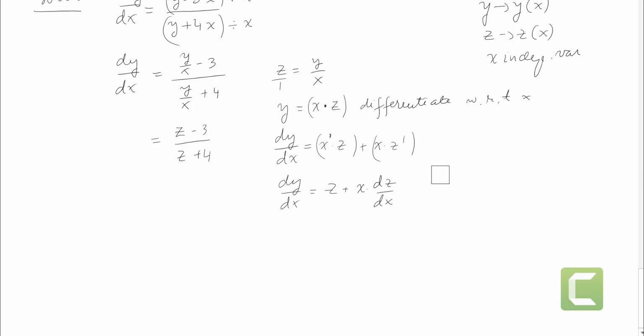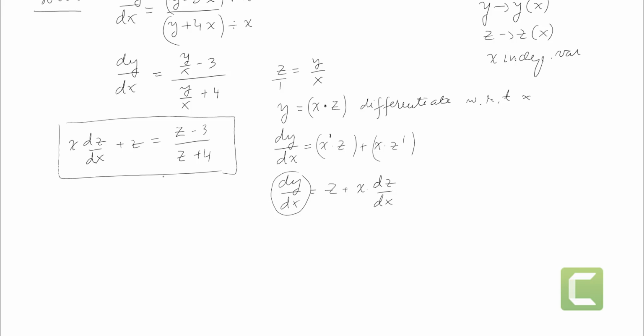Actually we don't have to solve anything because we are going to replace dy/dx in here. So x dz/dx plus z equals our equation. So we actually have to solve this equation in 2 variables, x and z. Let's subtract z. So x dz/dx equals (z minus 3) over (z plus 4) minus z.